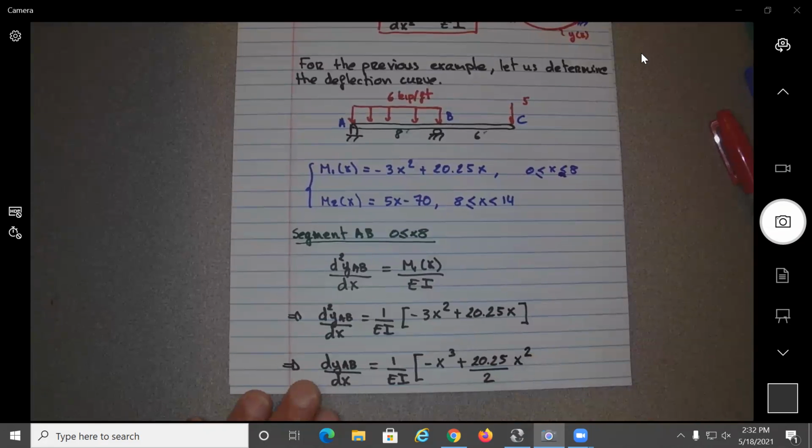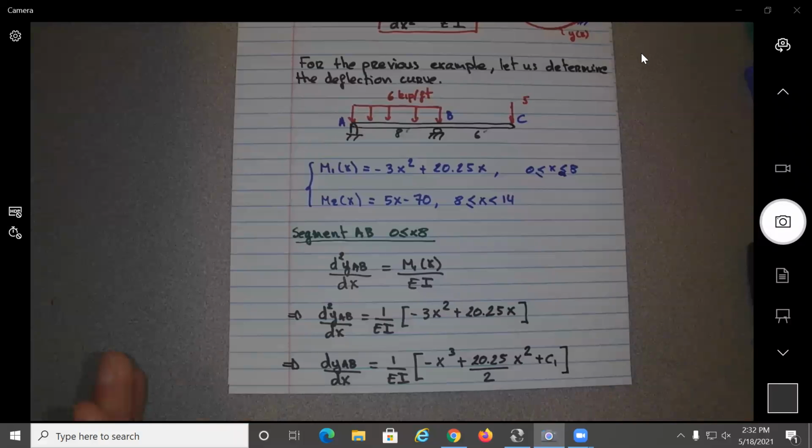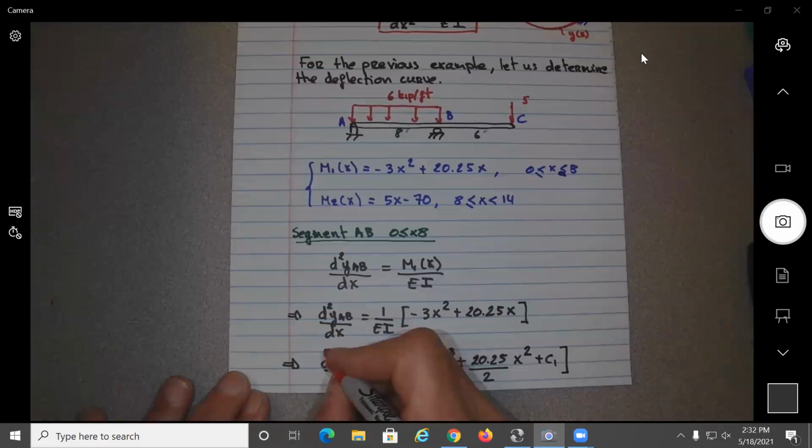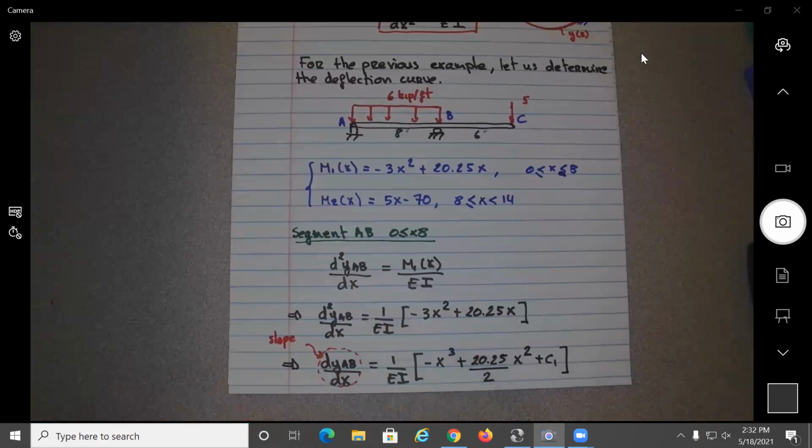But then what happens when you integrate? You have one constant, so plus C1. Now, it might or might not be important, okay? But what is the physical meaning of this term over here? What is dy/dx? It is the slope, no? So basically, this would be the angle of the slope. All right, and we need to integrate once more.